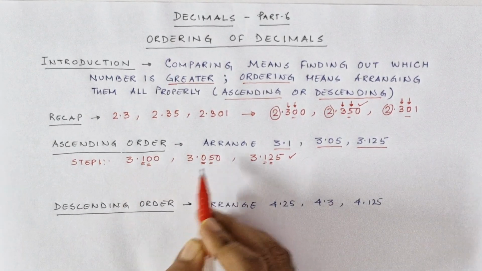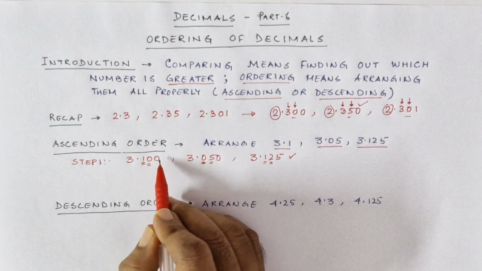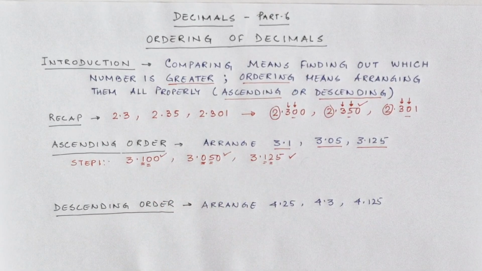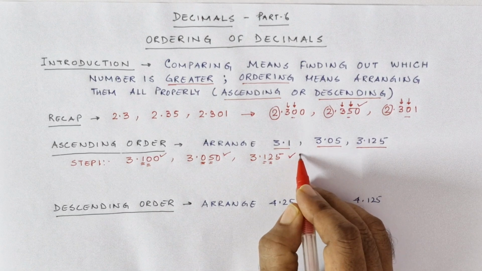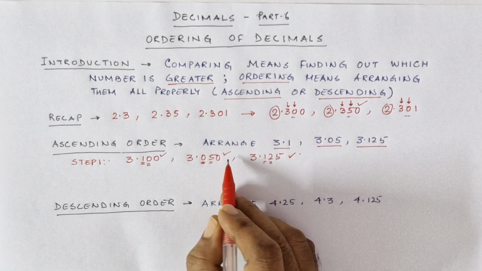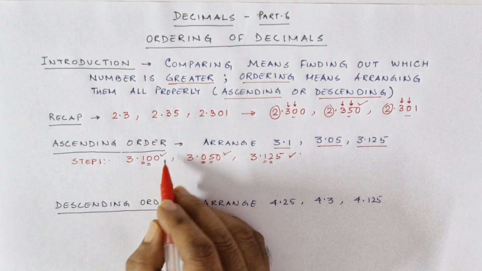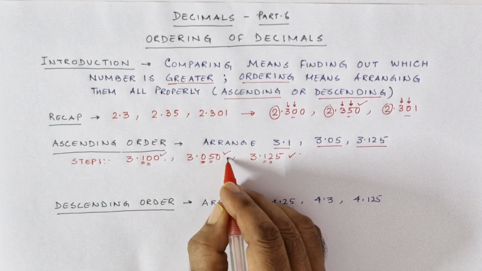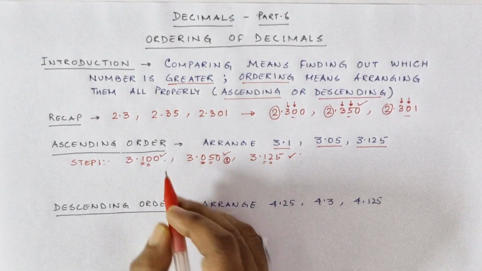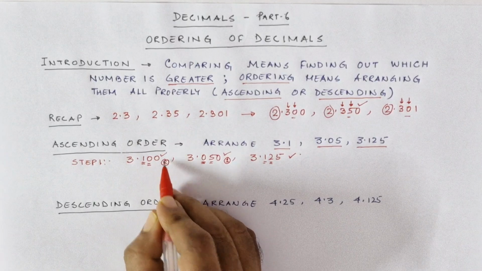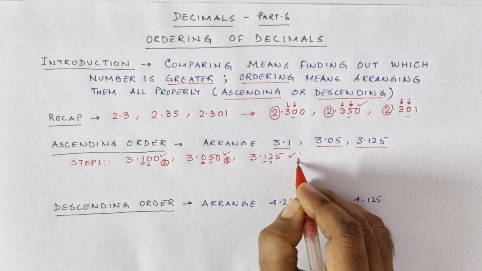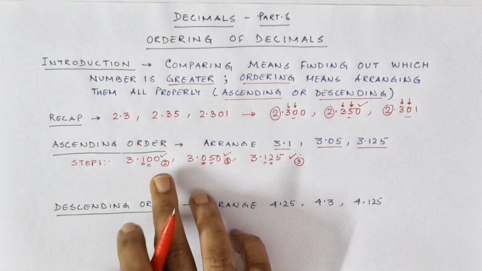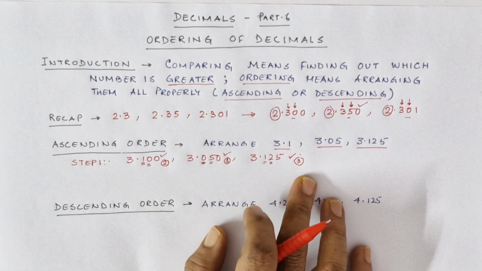This is 1, but this is 0. Obviously this one will be the second highest and this one the third highest, but we need to arrange them. This is the highest, this is the second highest, this is the third highest. So this one will be the lowest, this one the second lowest, and this one the highest.